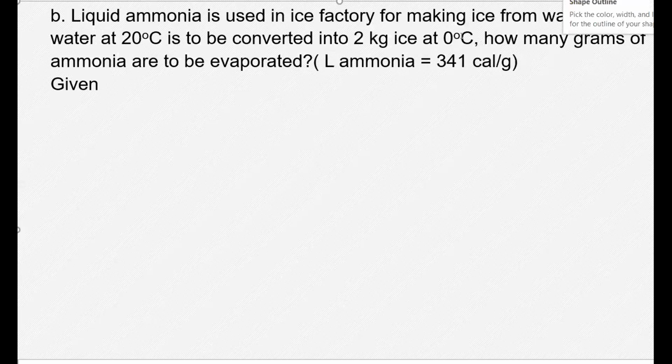Next question is, liquid ammonia is used in ice factory for making ice from water. If water at 20 degrees Celsius is to be converted into 2 kilogram ice at 0 degrees Celsius, how many grams of ammonia are to be evaporated? Latent heat of ammonia is given as 341 calorie per gram.